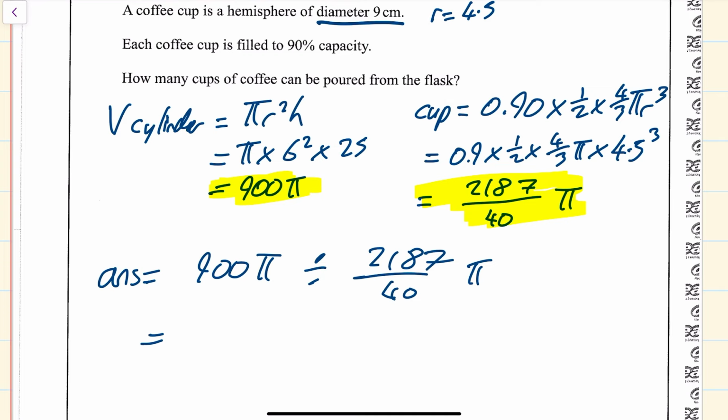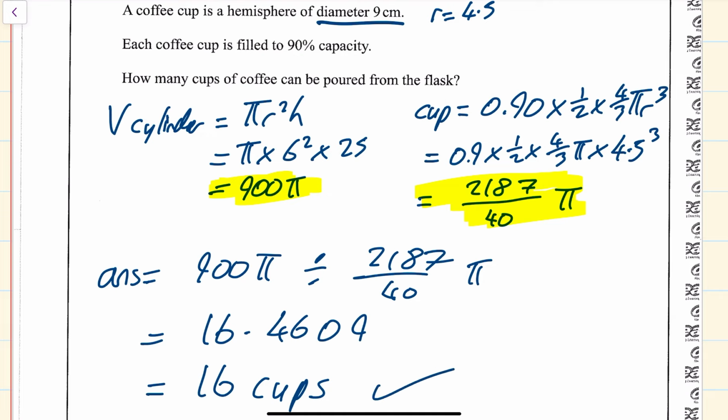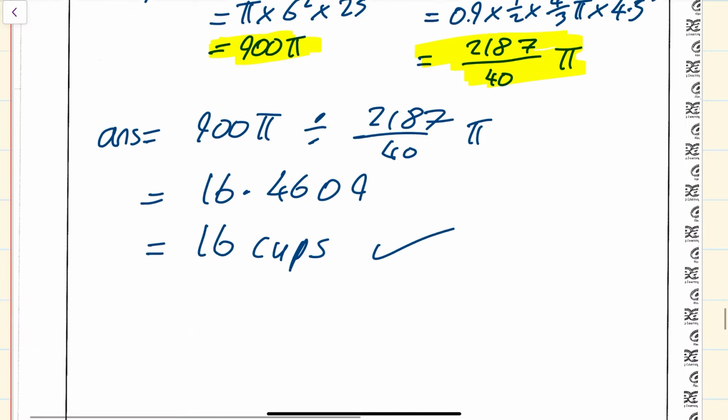And what I got was 4,000 over 243, which works out as 16.4609. So how many cups of coffee can be poured? 16 cups. You're not going to give some poor soul 0.46 of a full cup. They're not going to be too happy. So 16 cups is all you can get.